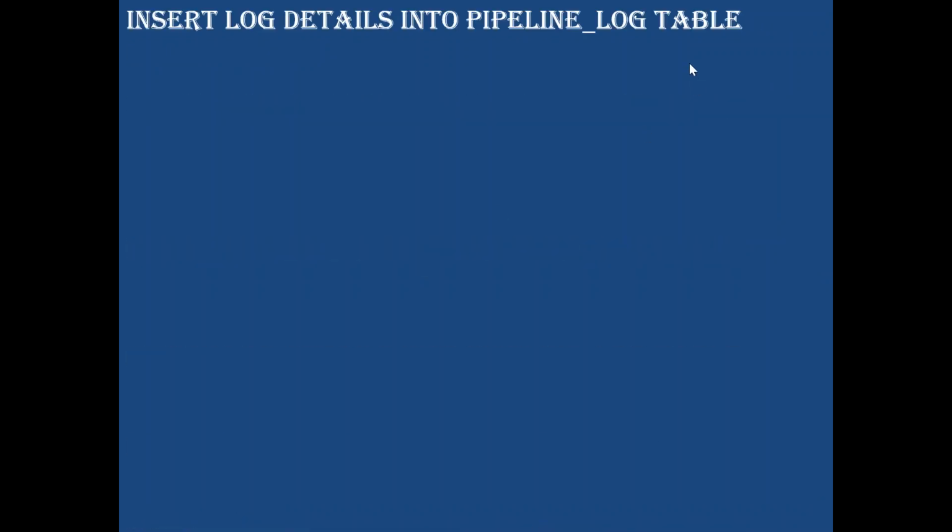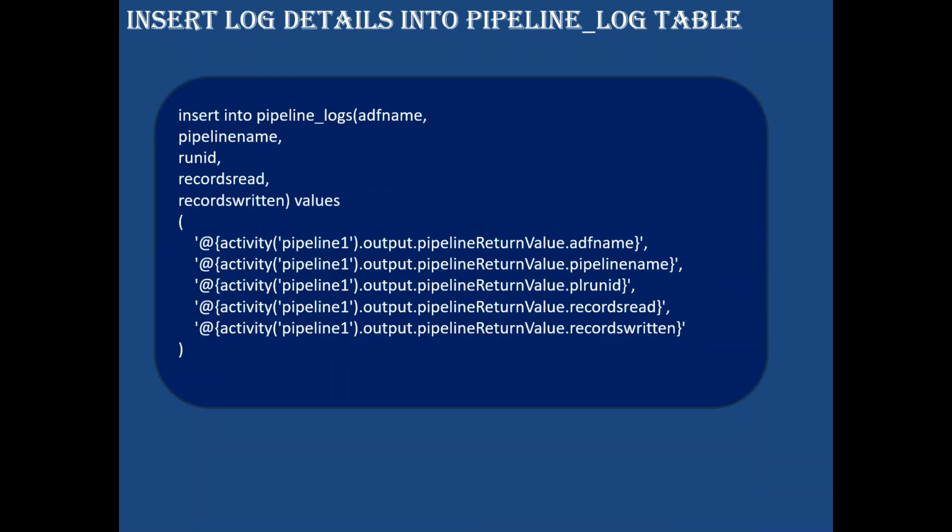So what happens once these child values are returned to the main pipeline, whoever is calling? This is a new feature, right? Return values. Once we return those values into the main pipeline, it uses the script activity to access all these parameters, output.pipelineReturnValue.ADF name, pipeline run ID, records read, records written.